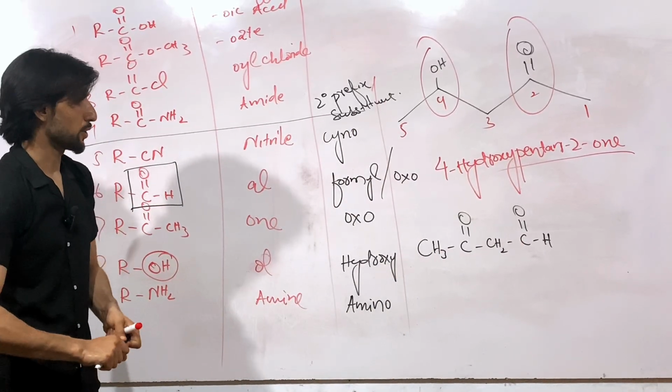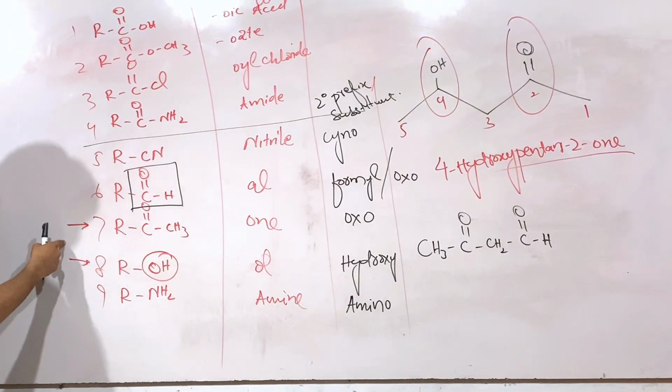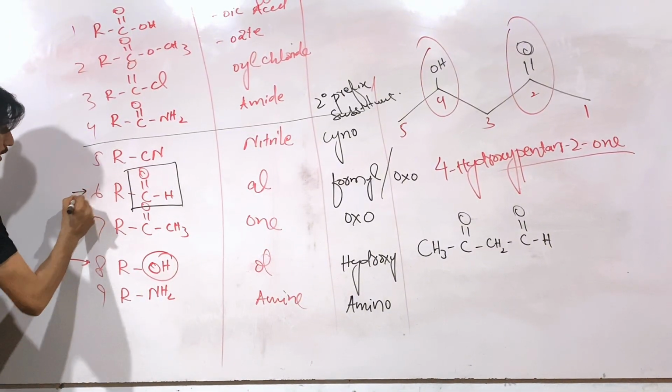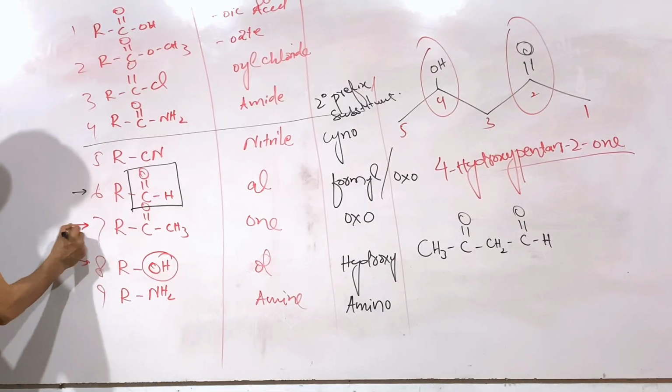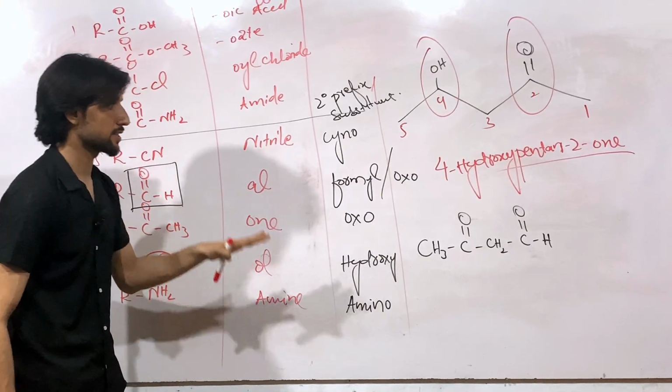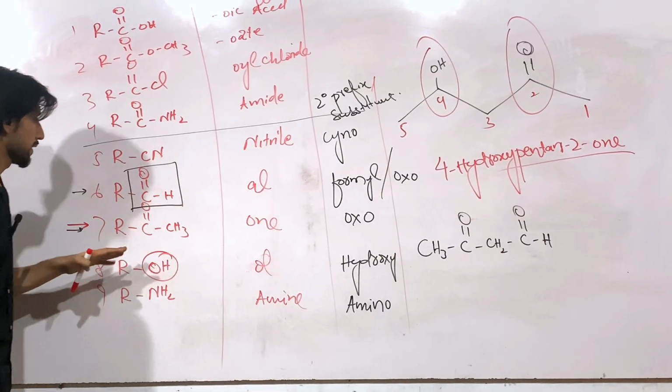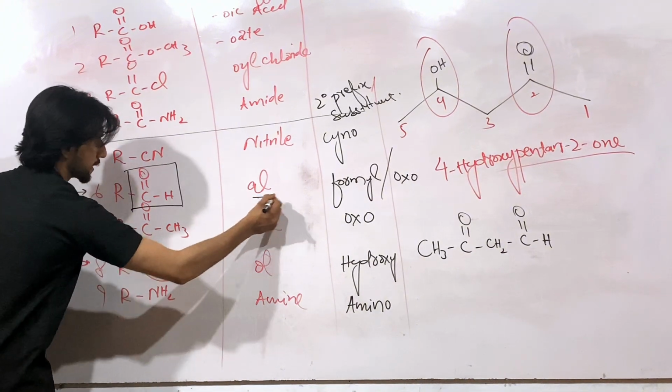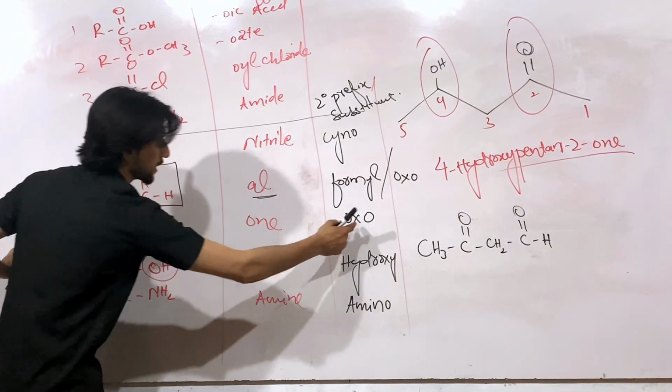Which one gets priority? So now we know that the priority of aldehyde is greater than ketone. So we will have a secondary suffix of what? Al. Okay, secondary suffix of Al, and ketone becomes oxo.